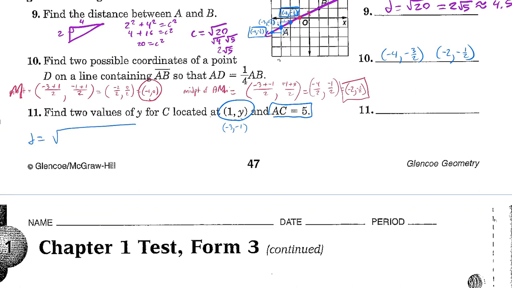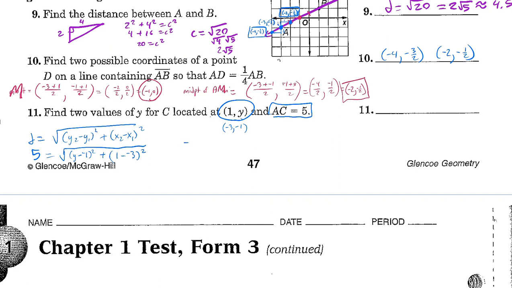So distance is square root of the difference in the y's squared plus the difference in the x's squared. So 5 is the total distance, equal to the square root of, let's subtract the y's, so y minus -1 squared, plus, and then 1 minus -3 squared.